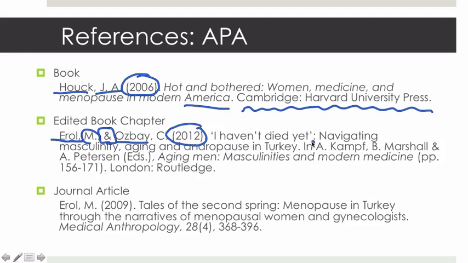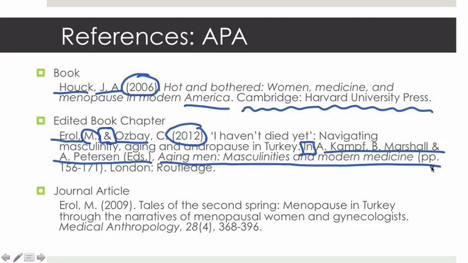It is followed by "In" and the names of the editors. This time their surname doesn't come first. Then you add the title of the book in italicized form, and in parentheses you give the pages where the chapter is, and the publication information.